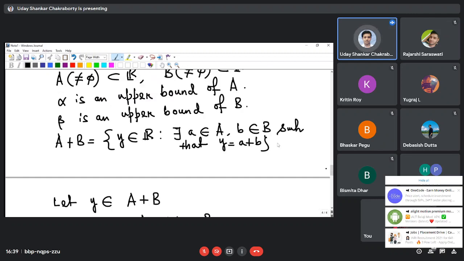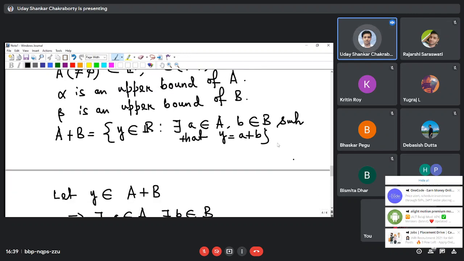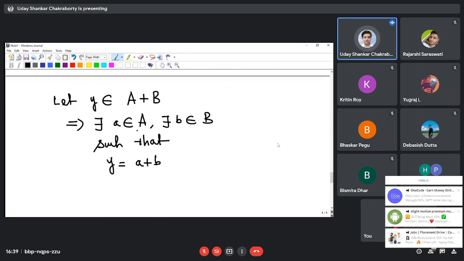But already you know that alpha is an upper bound of A, so any element of A is less than or equal to alpha.